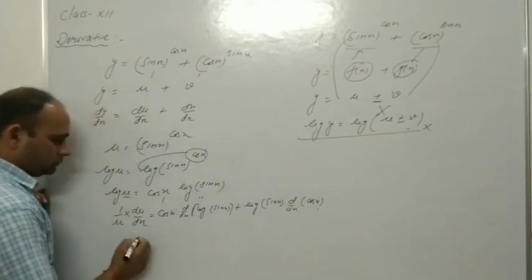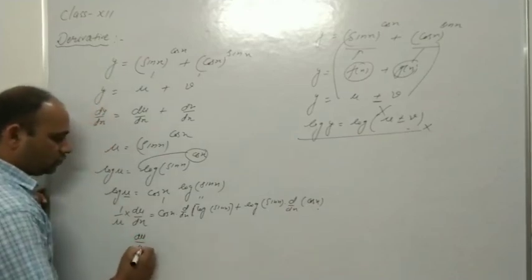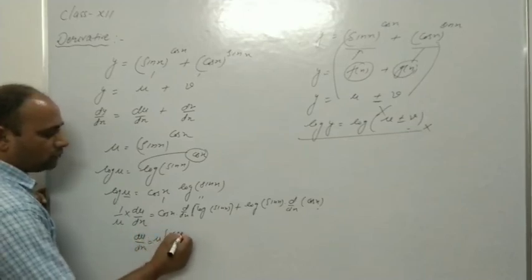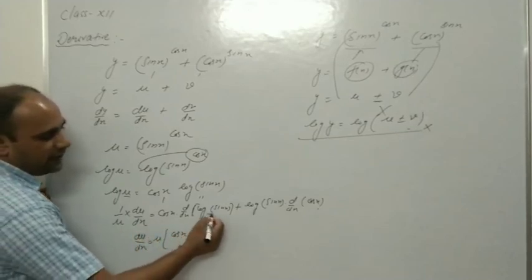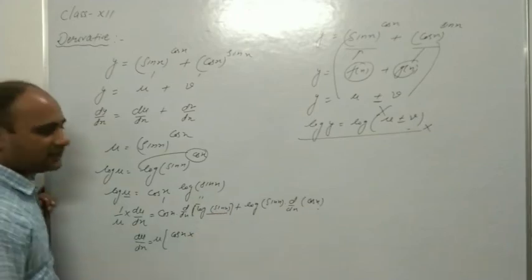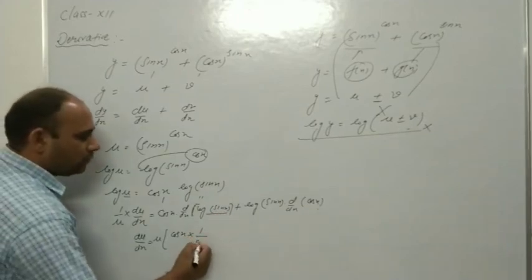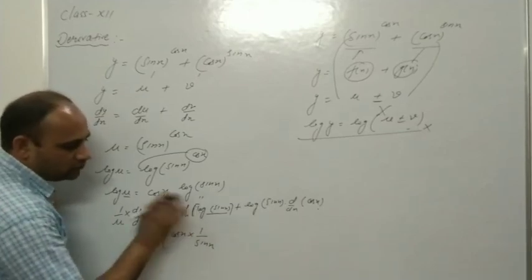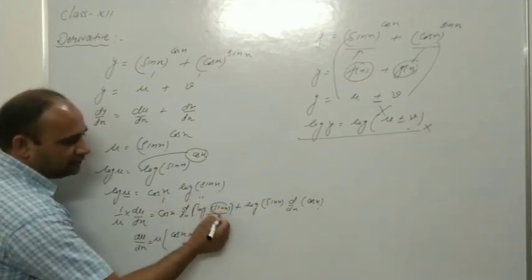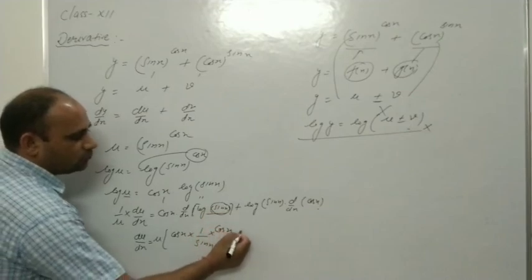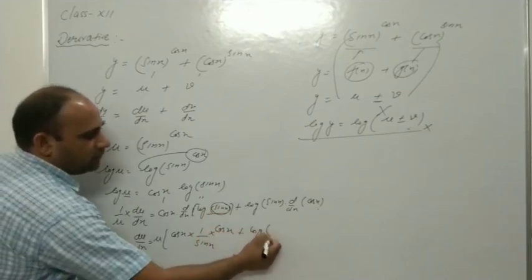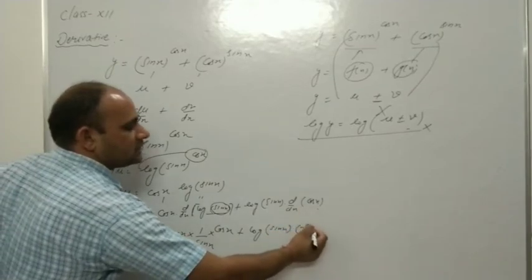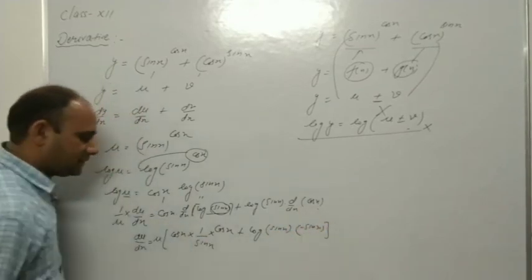You know du by dx is equal to u in multiply. Now cos x as it is, derivative of log sin x is 1 upon sin x, and again derivative of sin x, cos x, plus log sin x, and derivative of cos x, minus sin x.